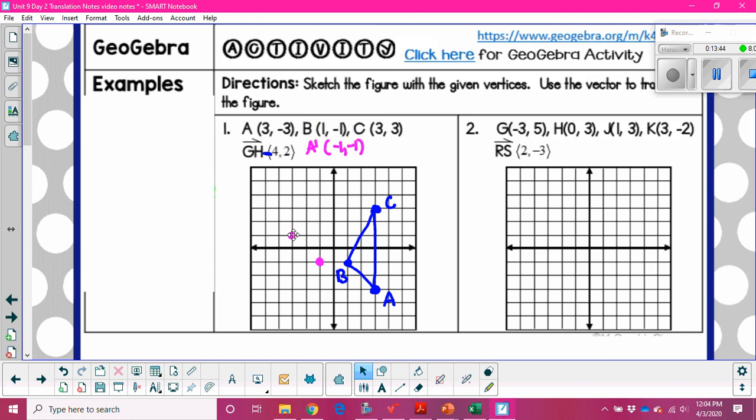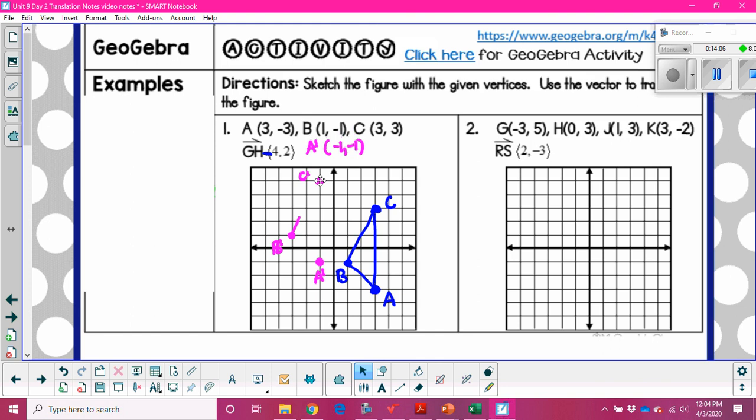So this right here was A prime. This is B prime. So let's look at what C prime is going to be. We're going to shift to the left 4, 1, 2, 3, 4, and then shift up 2, 1, 2. So C prime is going to be at (-1, 5).